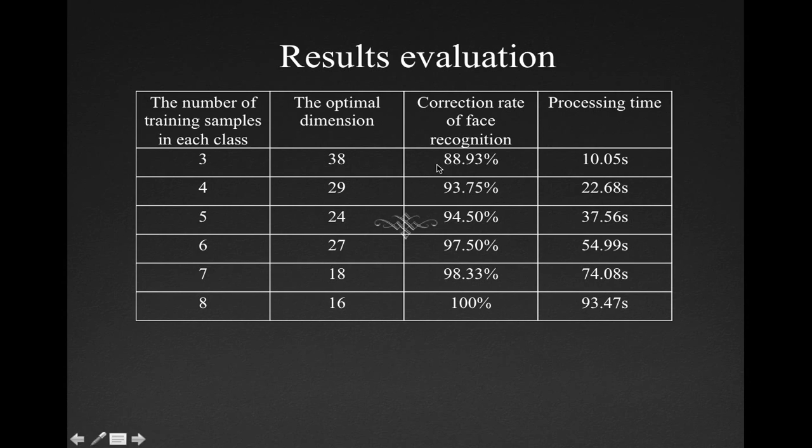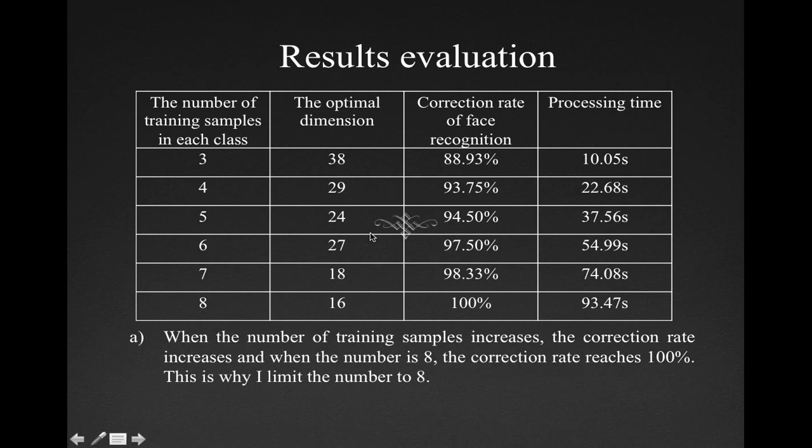This is the result of part 2 of my program. There are 4 parameters: the number of training samples in each class, the optimal dimension, the correction rate of face recognition, and the processing time. From this table, I can get 2 conclusions. First, when the number of training samples increases, the correction rate increases also.